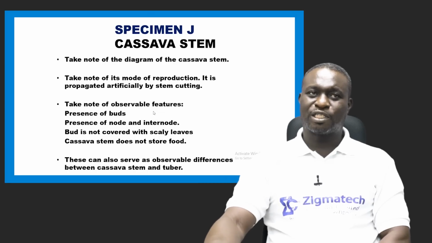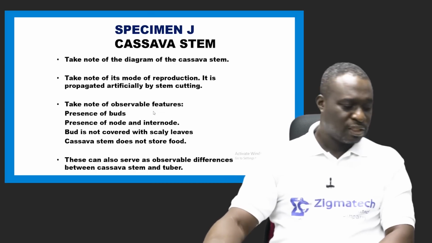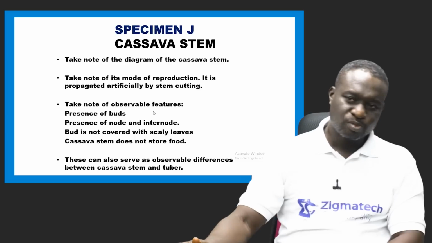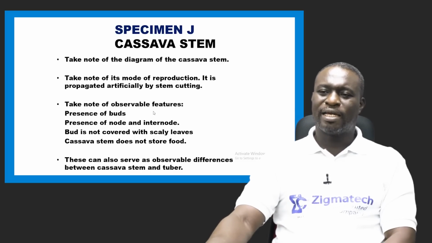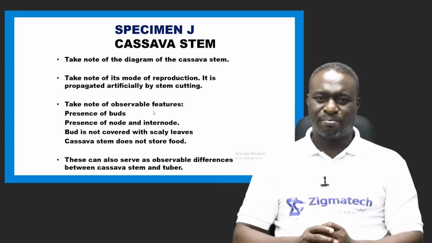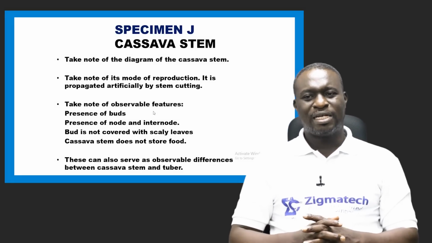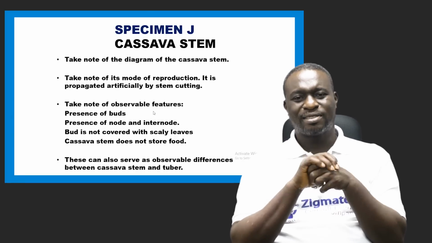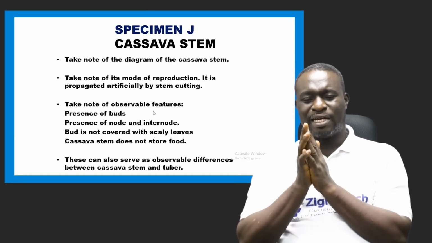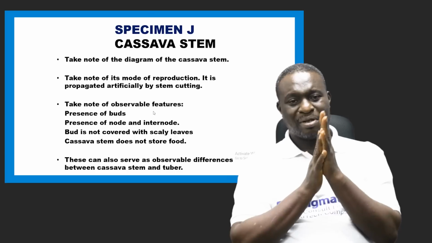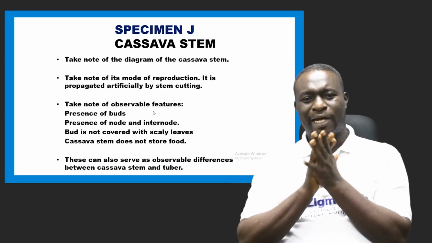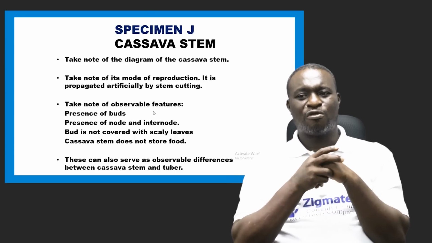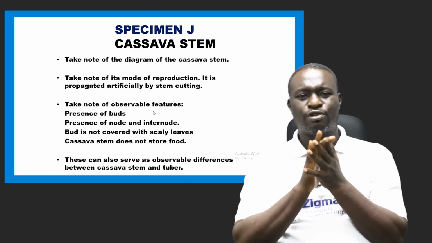Next is specimen J. Now, specimen J is the cassava stem. Please also take note of the diagram of the cassava stem. Remember the tips again on diagrams. Also take note of the mode of reproduction.